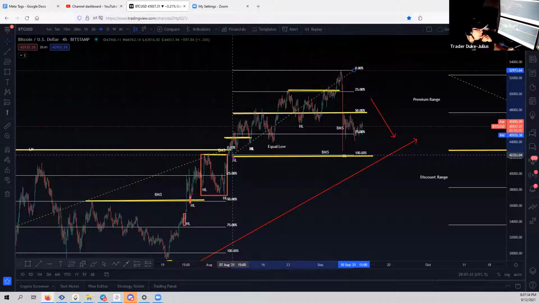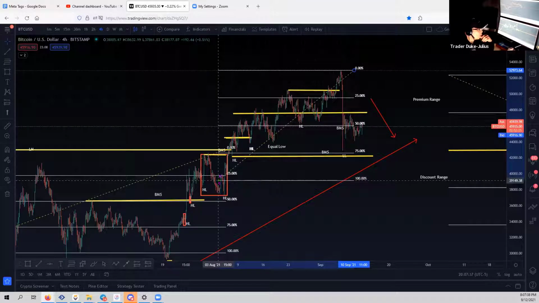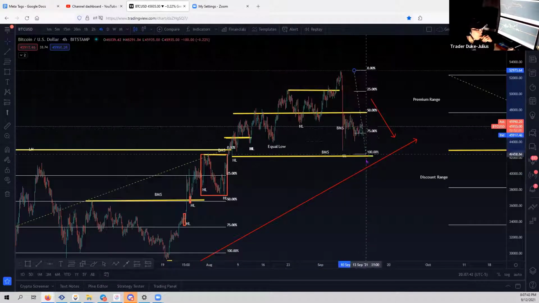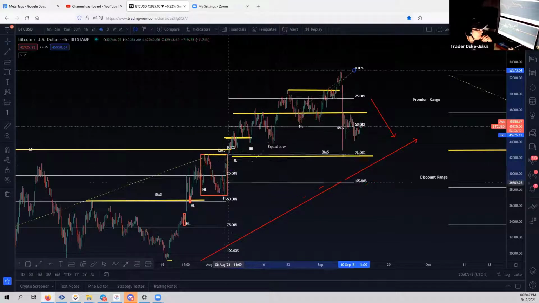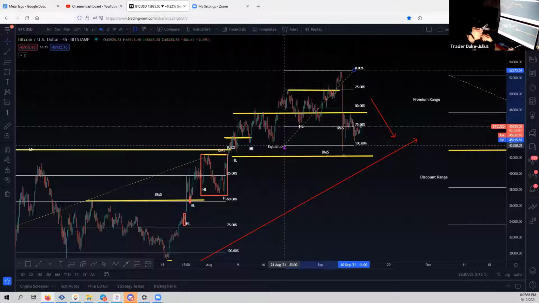It stopped because whales and institutions would look to protect this liquidity because they have buy orders inside here. If price drops down, the whales and institutions that have buy orders in this area would actually be negative. That's the reason why this is a strong BMS line, which would give us a confirmation of a change in trend.